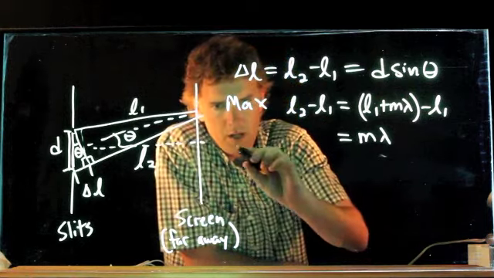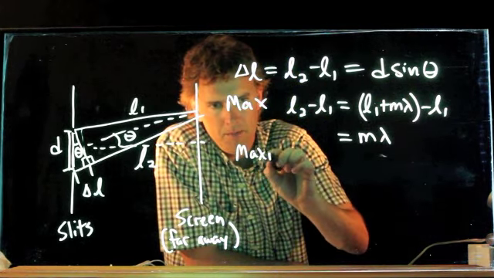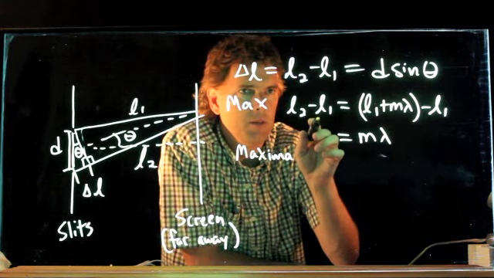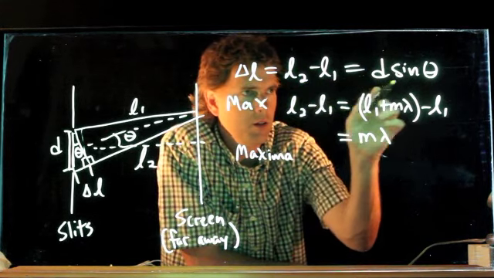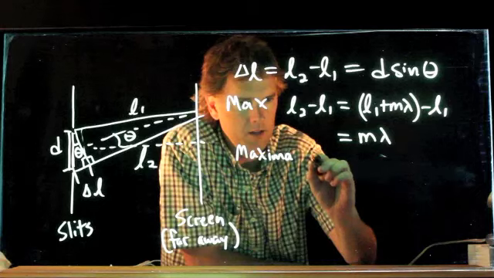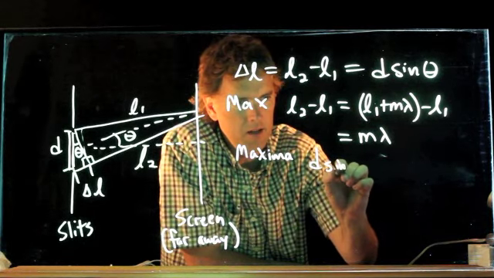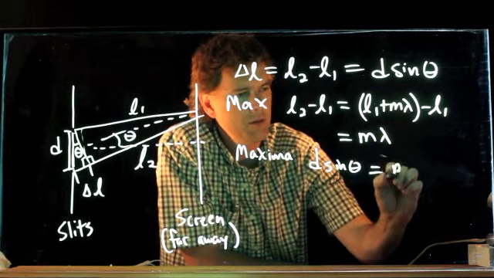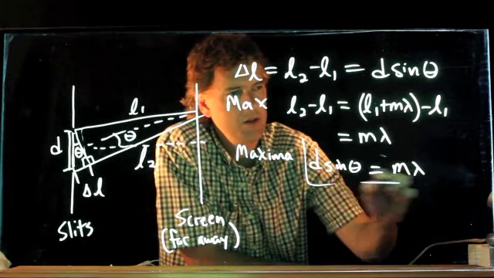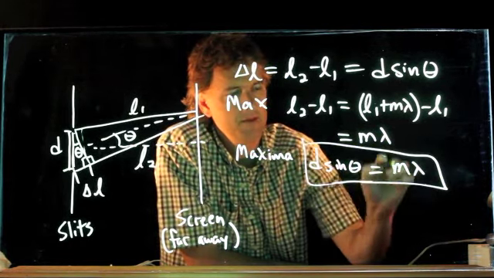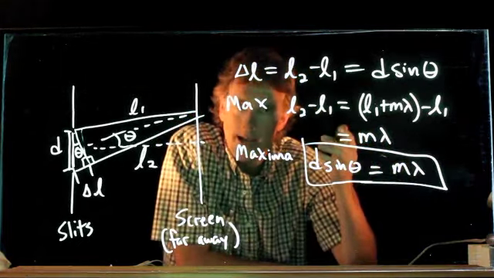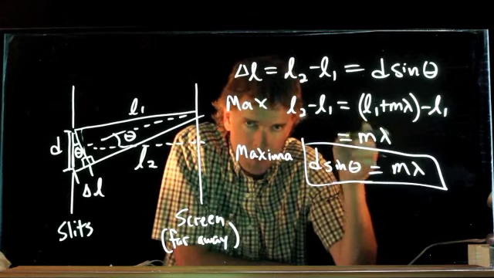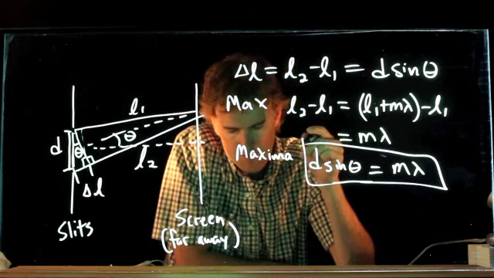So what's the equation for maxima? It is delta L, which is d sine theta. D sine theta equals all of this stuff, m lambda. If you want to know where your maxima lie in terms of angle, this is the equation that tells you exactly where they are.